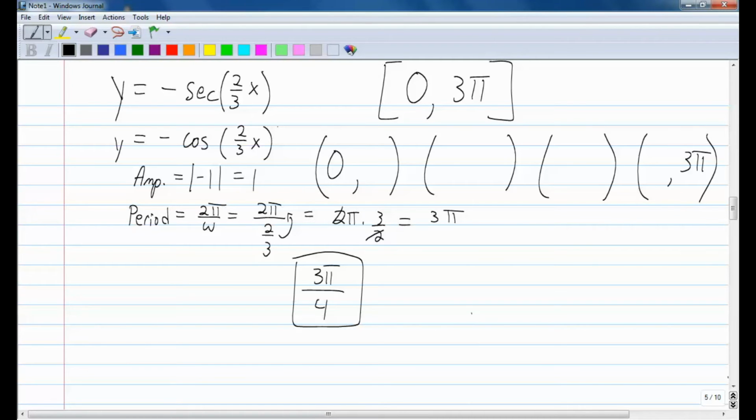Let's see if we can do this. 0 plus 3 pi over 4 is 3 pi over 4. The next subinterval starts with 3 pi over 4. We add 3 pi over 4 to that, so that's going to be 6 pi over 4, which simplifies to 3 pi over 2.